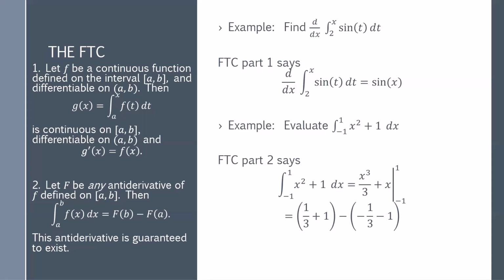Evaluating at 1, we get a third plus 1, and then we subtract the same thing with -1 in there, so minus a third minus 1, and we get the answer 8/3.